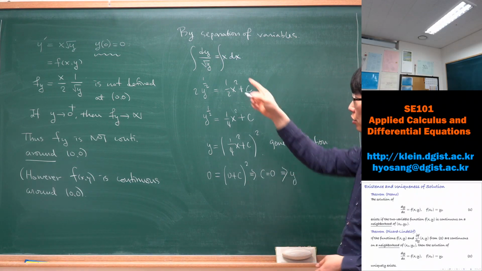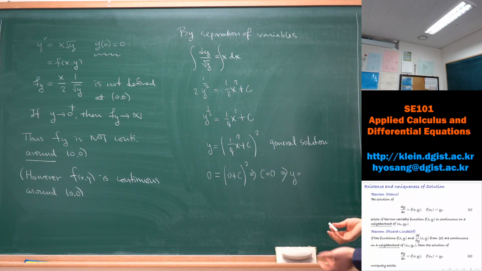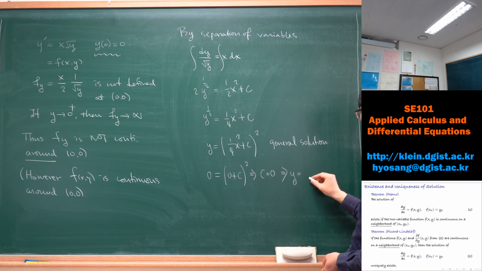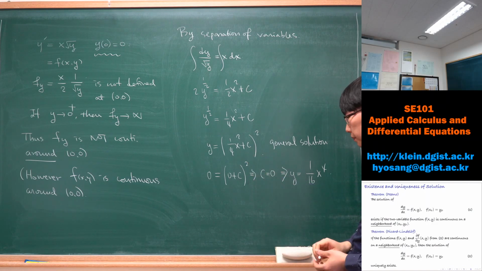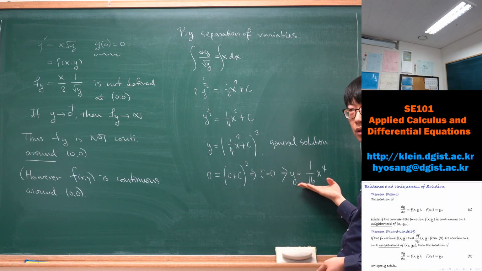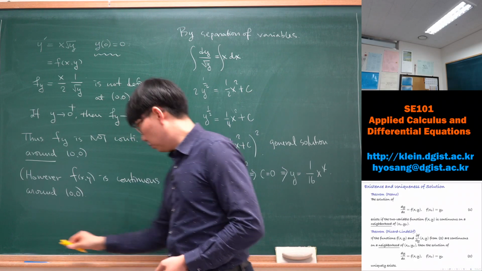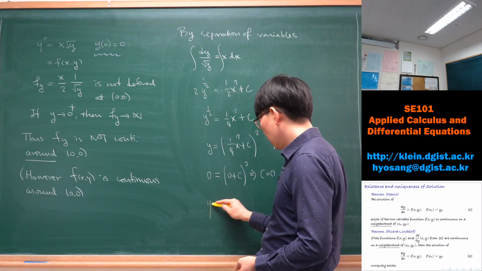The particular solution satisfying this initial value problem is 1/16 x to the fourth, because c is 0. Now this tells you that this is a solution, but it doesn't tell you that this is a unique solution. There could be another solution, which is just the constant solution.